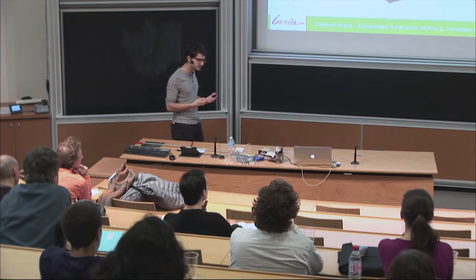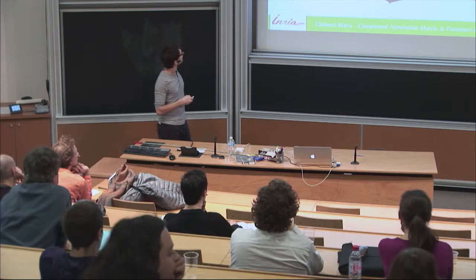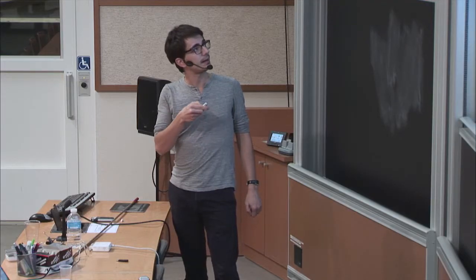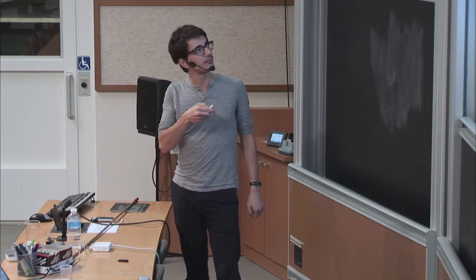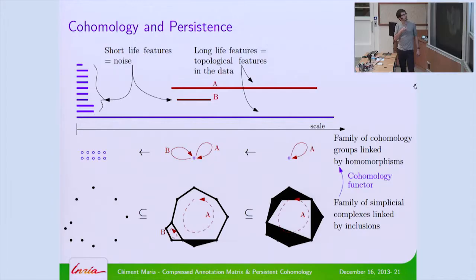So persistent homology is recording this evolution of homology by assigning at every moment the corresponding homology groups. So here it counts the connected components, here it counts the loops. Here you have only one loop left. And also linking the different homology features from one moment to the other.